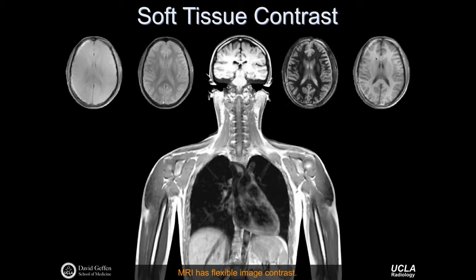And then on this far right-hand image, you'll notice that the image contrast is relatively inverted compared to this left-hand image, where the white matter is white and the gray matter is relatively gray. So MR, of course, has flexible image contrast.